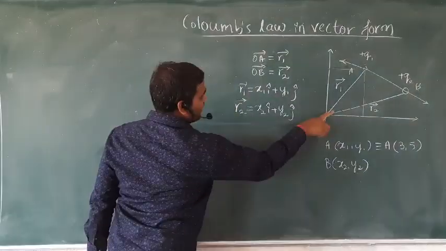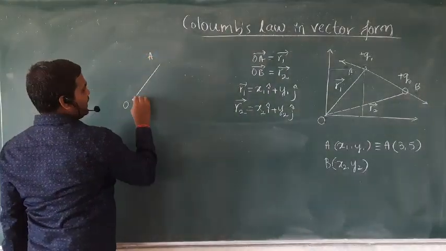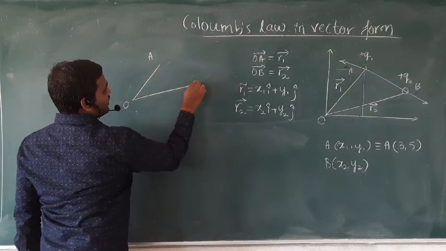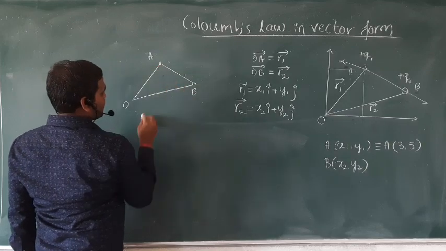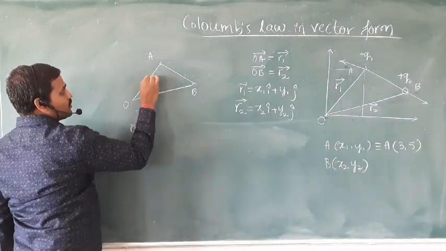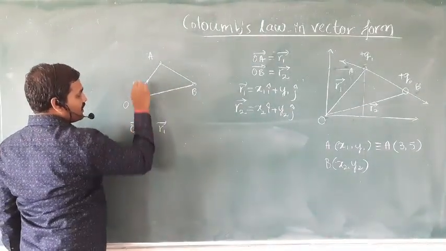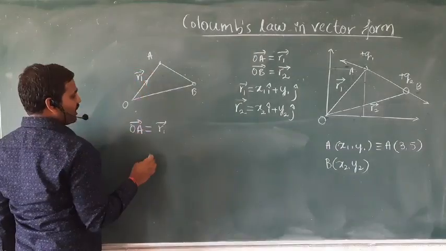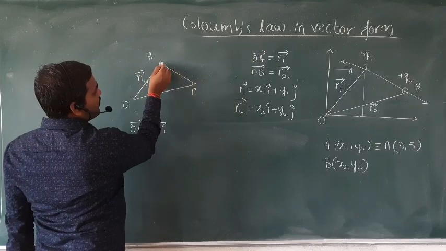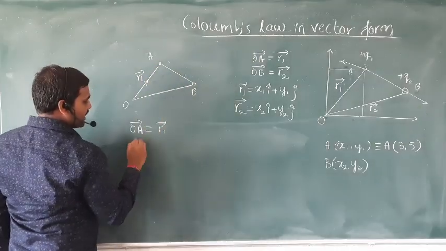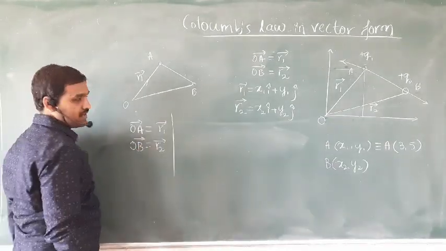Look at this figure, the same figure I draw here. This is the origin O, this is position A and this is position B. At A I have Q1 and at B I have Q2. Let us consider this vector OA, which I write as R1. And vector OB I will write as position vector R2.